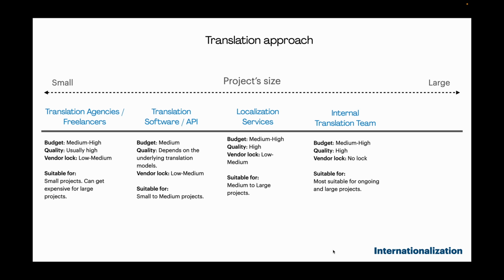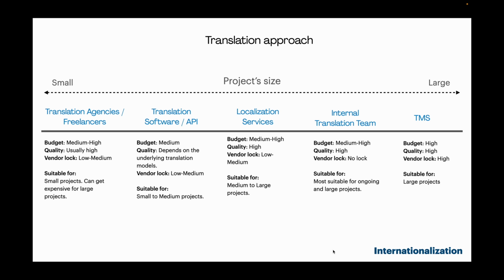Internal translation team. Good quality but can be costly. It may be free if part of a larger company with an existing team. It's suitable when planning long-term app development. TMS or Translation Management System. A system designed for managing localization and translations.